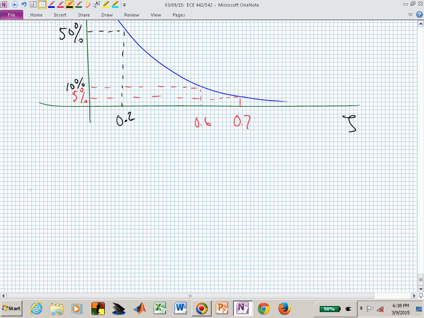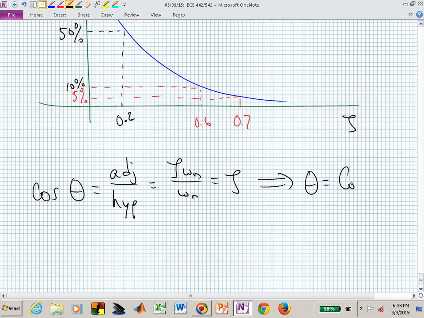We know that cosine of theta is adjacent over hypotenuse, which was zeta omega sub n over omega sub n, just to remind ourselves. That was zeta. Now we could do theta is equal to the inverse cosine of zeta.